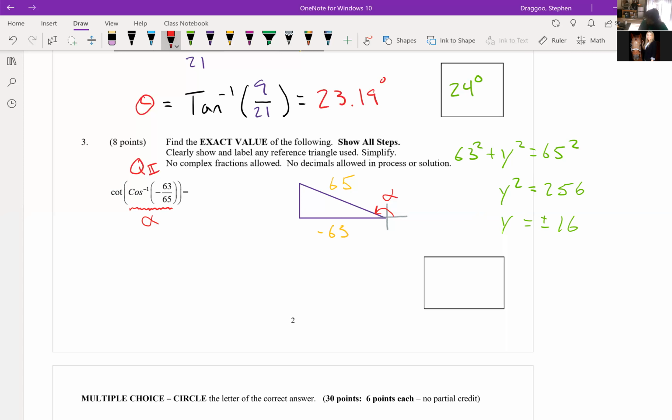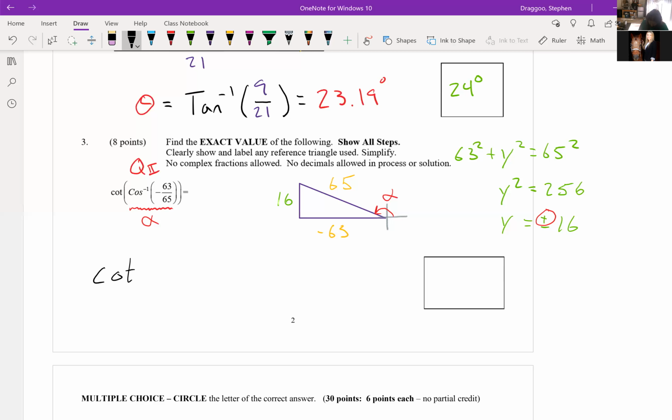And we are in the second quadrant, which means that should come out to positive 16. Put our missing side over there. All right, so now we ought to have everything in order to be able to solve for the cotangent of alpha.